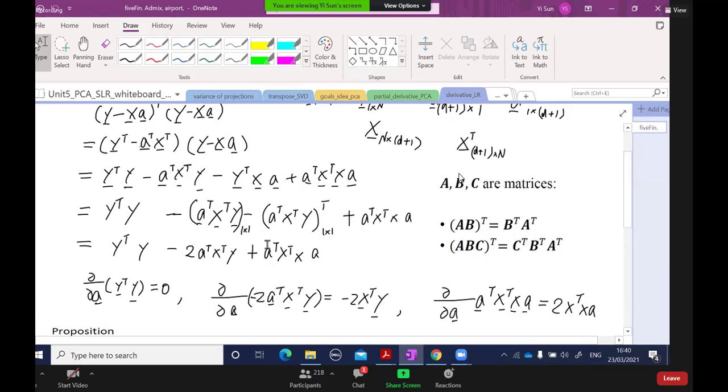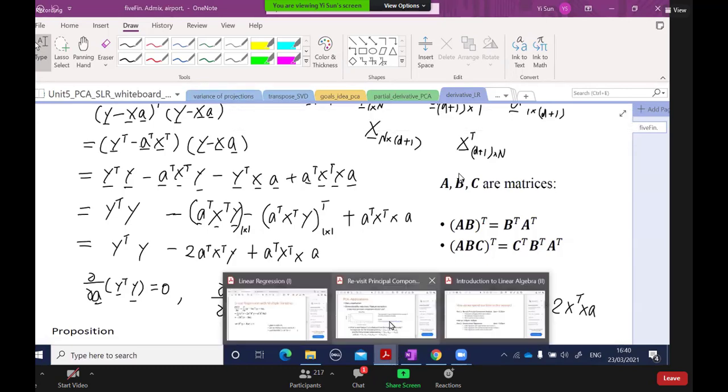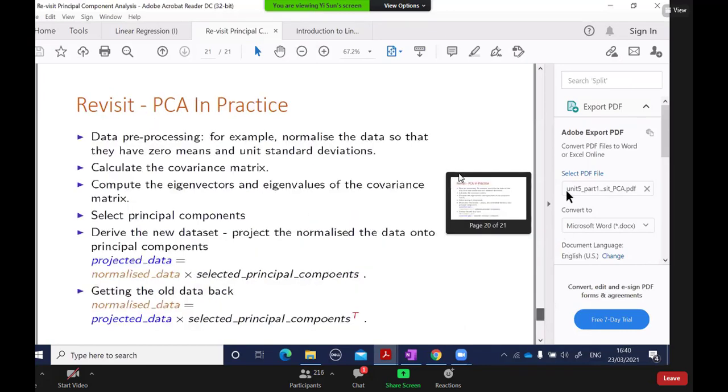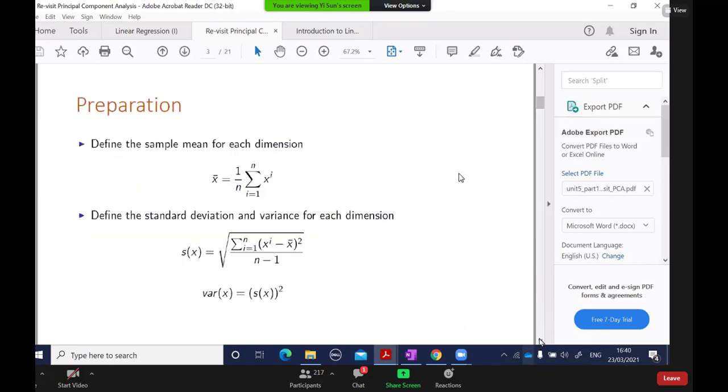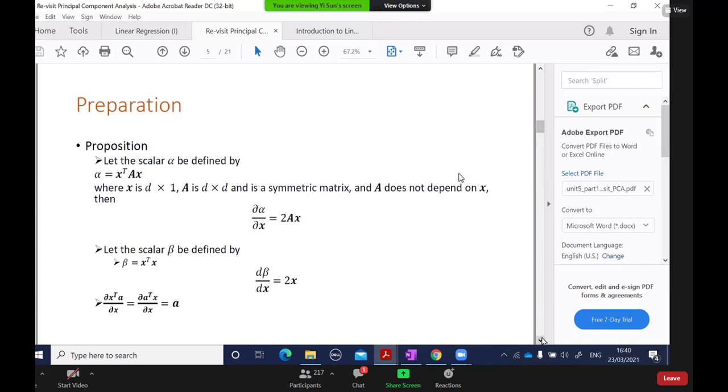And for this one, do you remember which rule we should use? This one we can use, okay?